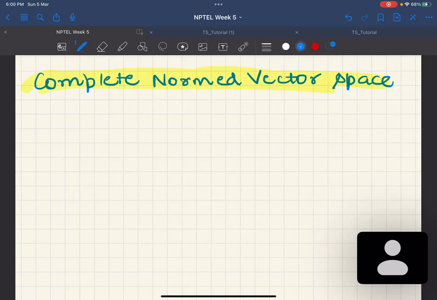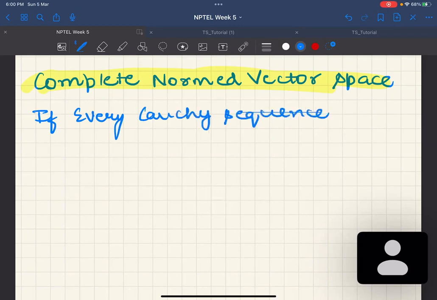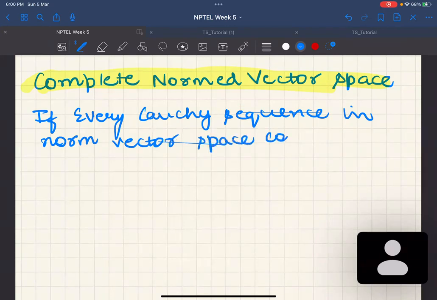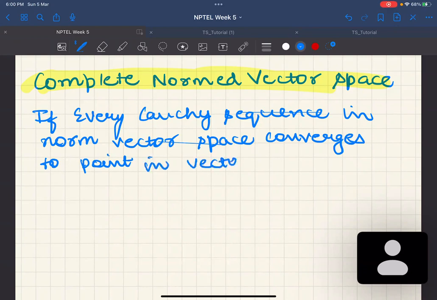That if every Cauchy sequence in a normed vector space converges to a point in the vector space, it is called a complete normed vector space.